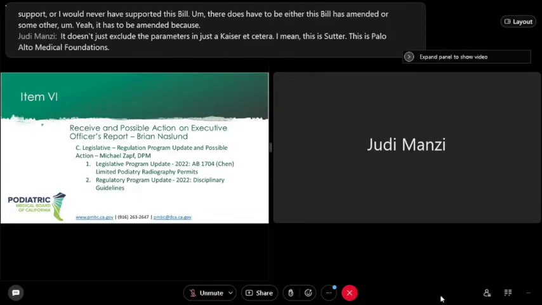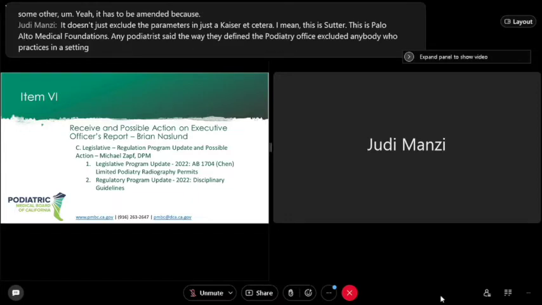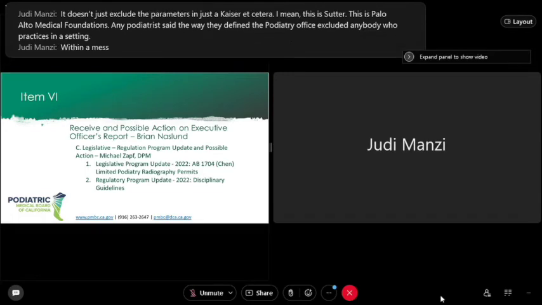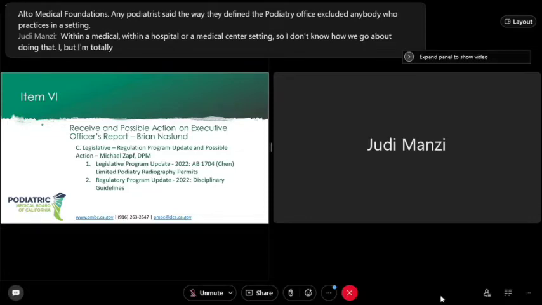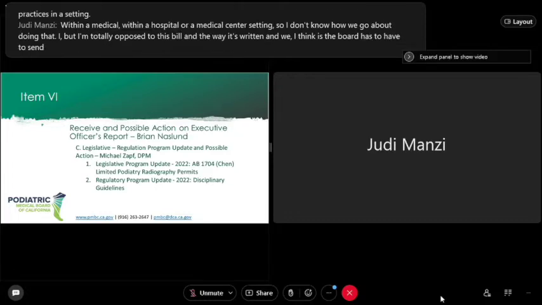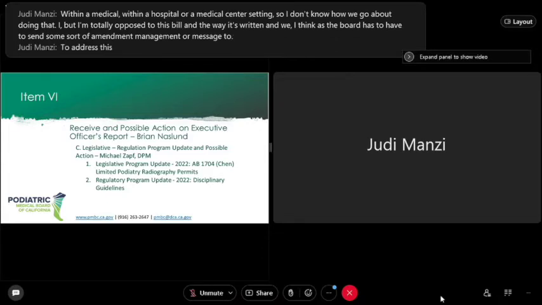The way they define the podiatric office excludes anybody who practices in a setting within a hospital or a medical center setting. So I don't know how we go about doing that. But I'm totally opposed to this bill and the way it's written. And I think the board has to send some sort of amendment or message to address this, because it doesn't include everyone that practices podiatry in the state of California.